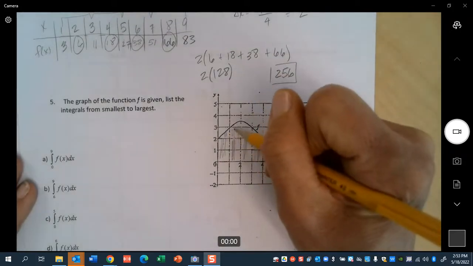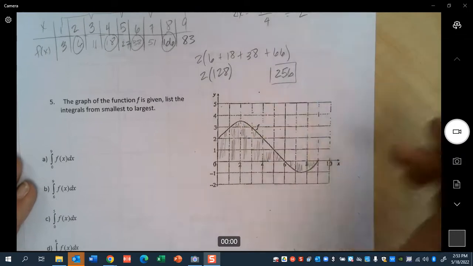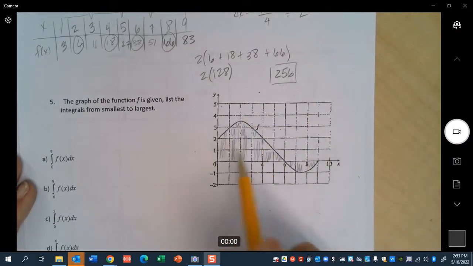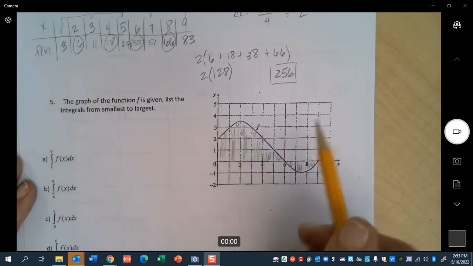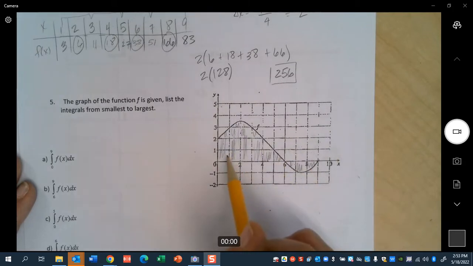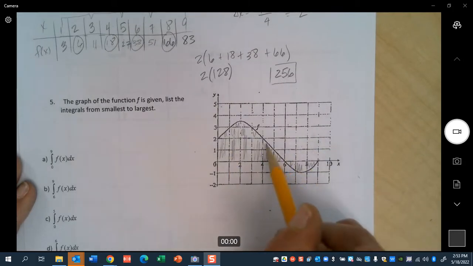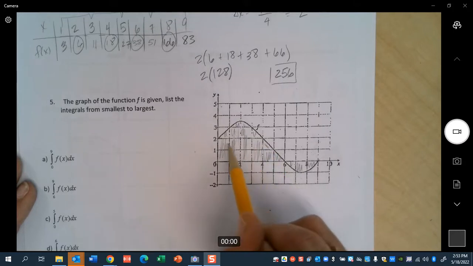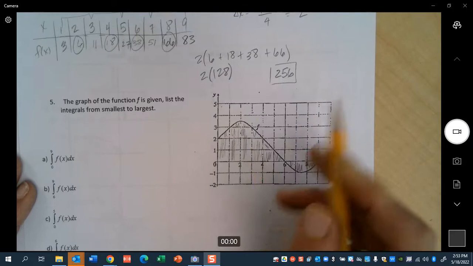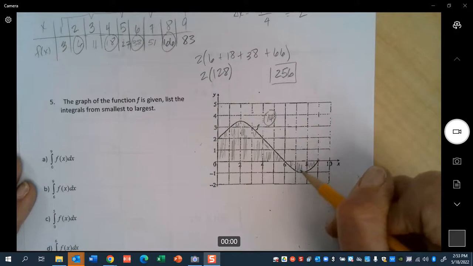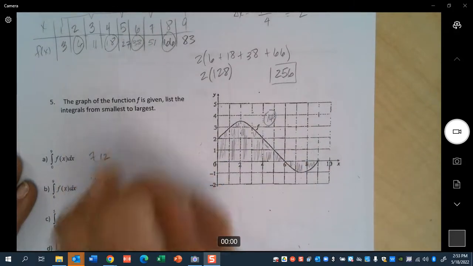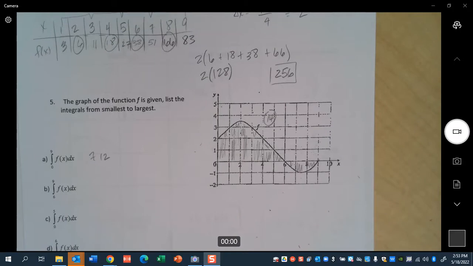So we can call that one, 2, 3, 4, 5, 6, 7, 8, 9, 10, 11. Count that as 12. Count that as 13. So I estimate around 14 here and -2, so we're going to say this one's about 12. You buy that?